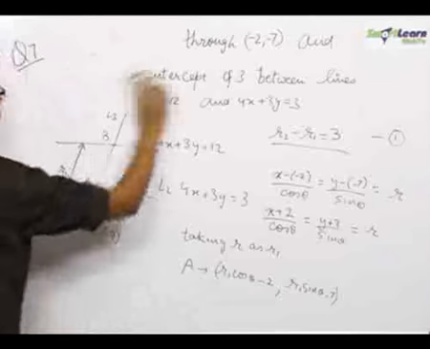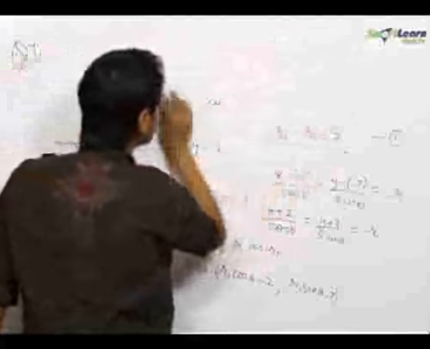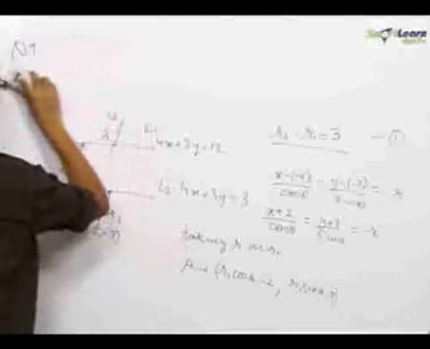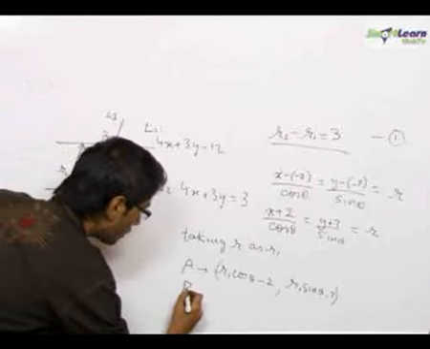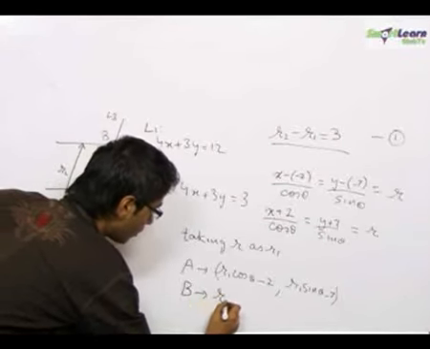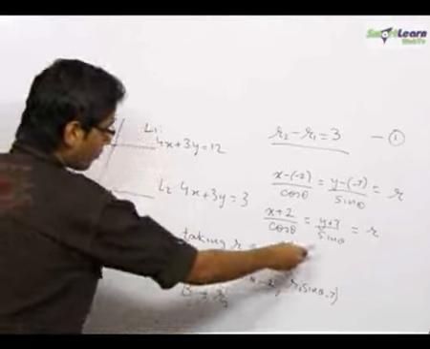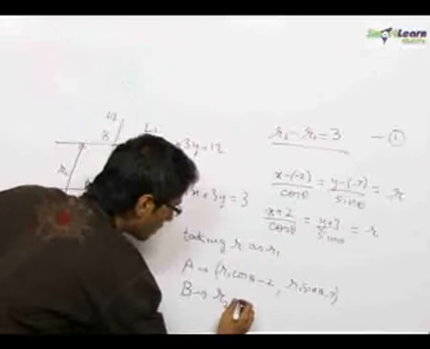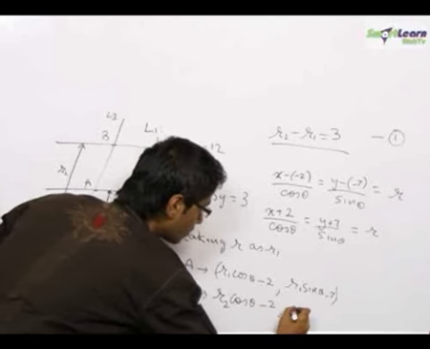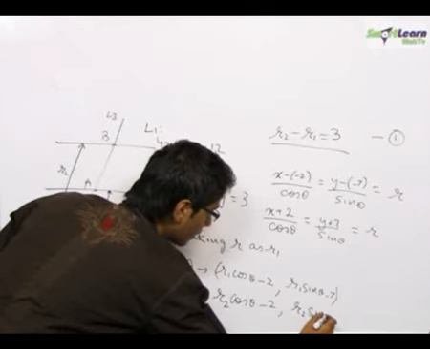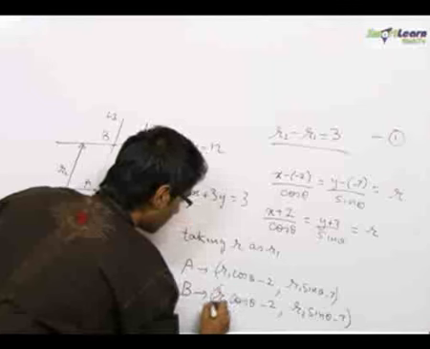Now students can do this question without using the parametric concept also, but that will be a bit tedious and a bit longer. The coordinates of point B can similarly be found by putting r as r2. So we get (r2 cos θ - 2, r2 sin θ - 7).